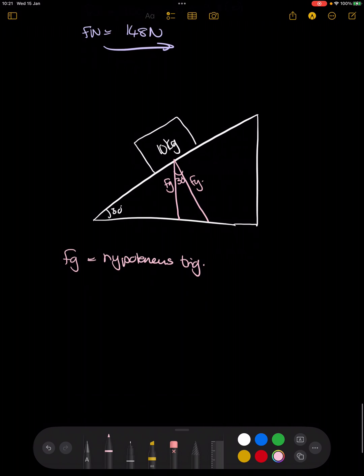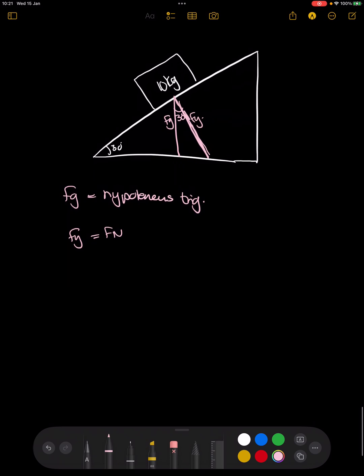Remember I taught you my Fy is equal to my Fn. So when in the previous questions it was added to my Fg or subtracted, in this case it is just equal to my Fy. Okay, so my Fy in this case is adjacent. It's not opposite like in the previous example. So therefore we're going to be using cos.